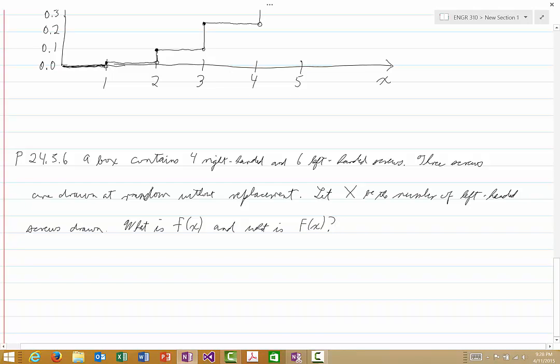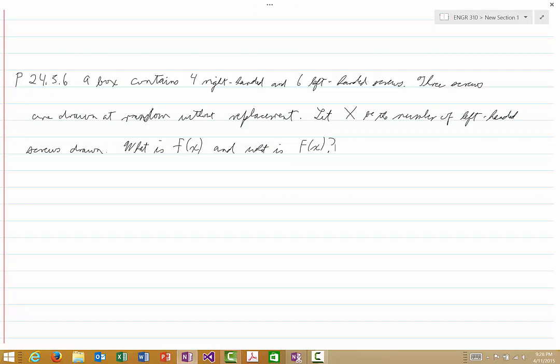Okay, so the first thing to do is to find little f. And as we said, this is the probability. Now, when you're talking about a discrete random variable, little f has a slightly different definition than when you're talking about a continuous random variable.